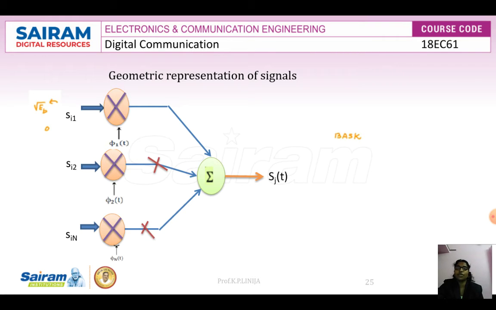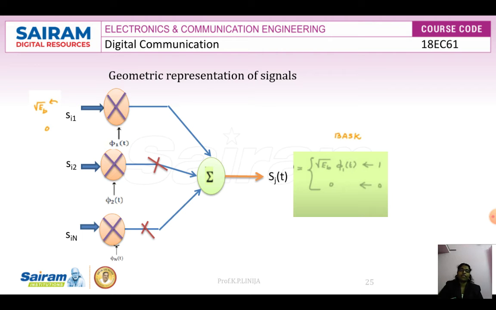Only one input is given to the summer. Whenever the input is 1, we get the output of the product multiplier as root EB into phi 1 of t. If it is symbol 0, it is 0 into phi 1 of t. Therefore, the binary amplitude shift keying output can be written as root EB into phi 1 of t for the symbol 1 and 0 for the symbol 0.